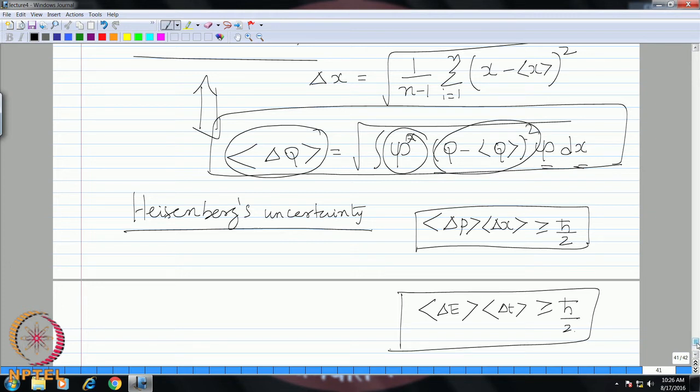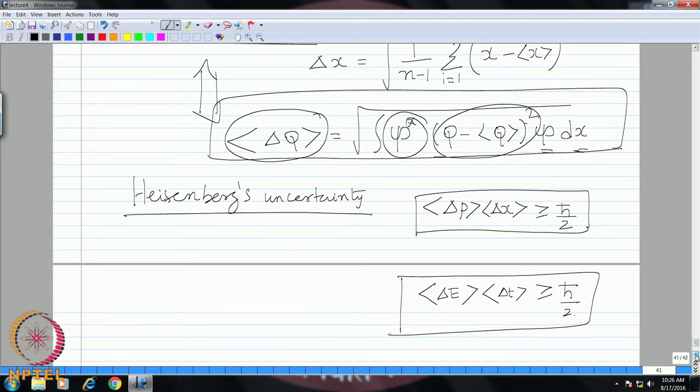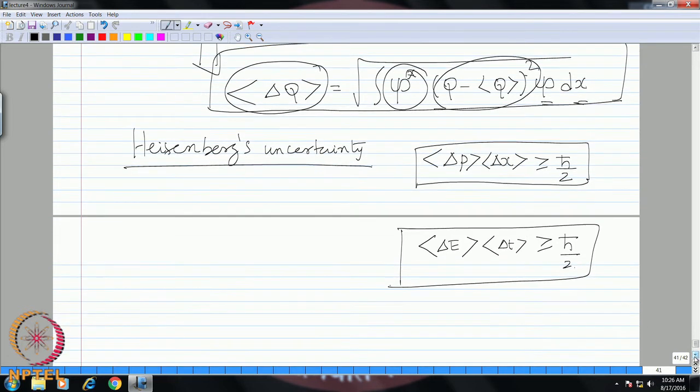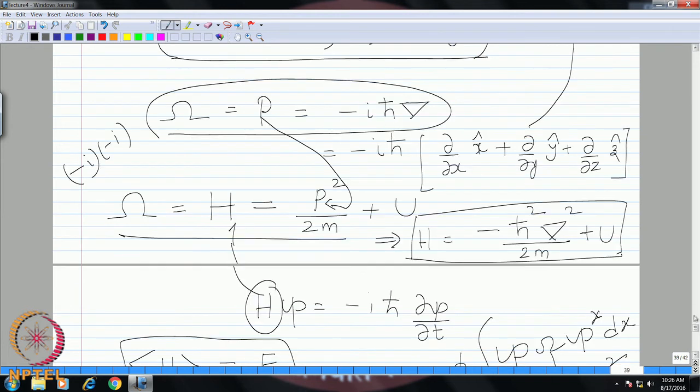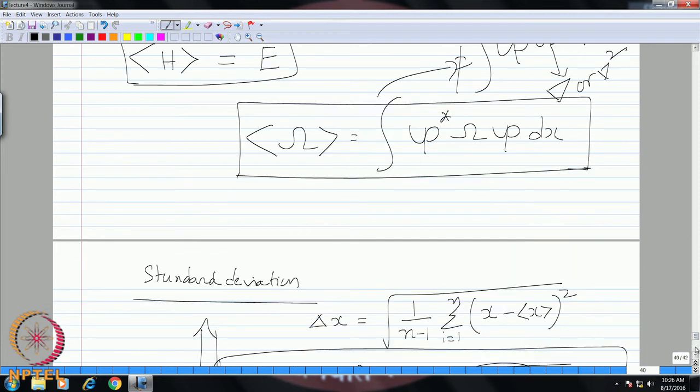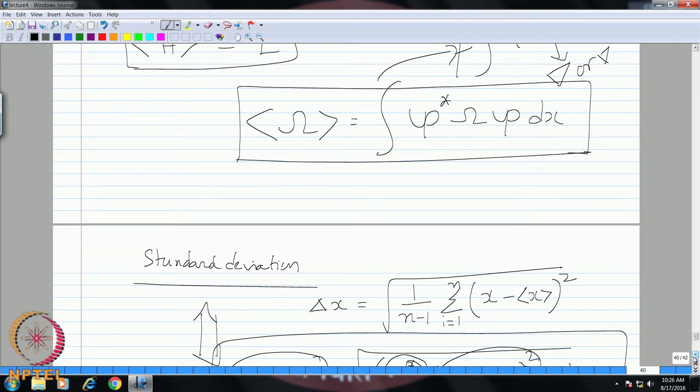So, now what we will do next is to go ahead and try to solve this Schrodinger's equation. I have given you the Schrodinger's equation, and also how we calculate the expected values of many derived quantities such as momentum, energy and so on. Now we have to go ahead and solve for the wave function.